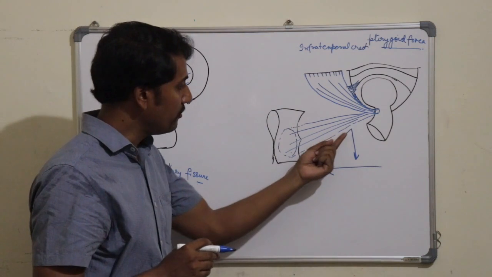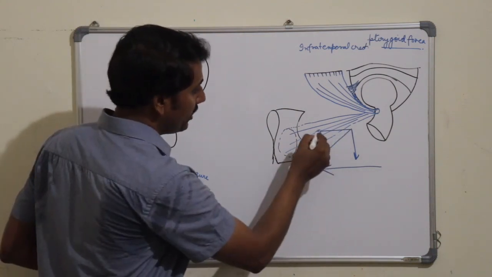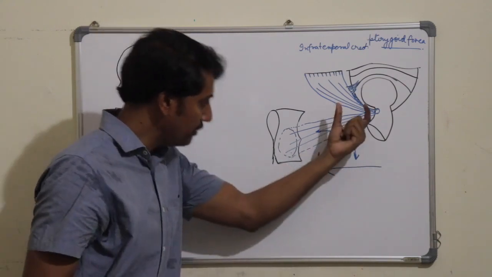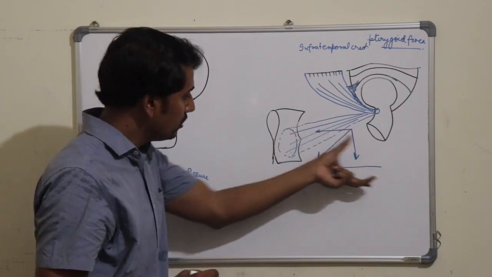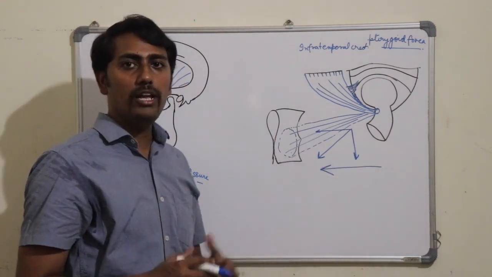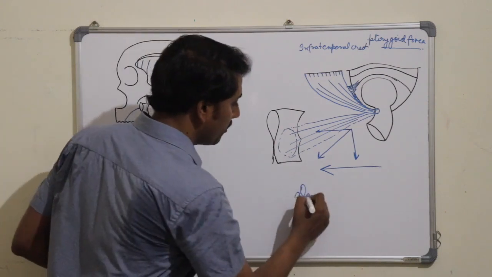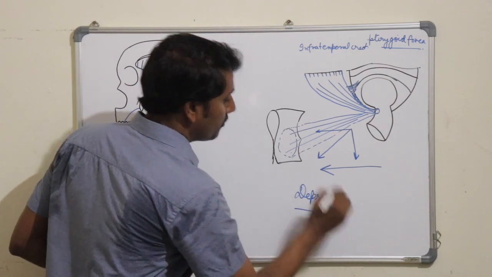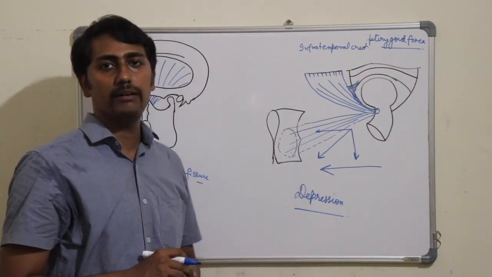So this downward and forward pull will have two components, an anterior component and a downward component. The downward component will pull the mandible downwards and the anterior component will cause protrusion. So the lateral pterygoid muscle is the only muscle of mastication which will cause depression of the mandible. No other muscle of mastication will cause depression of the mandible.